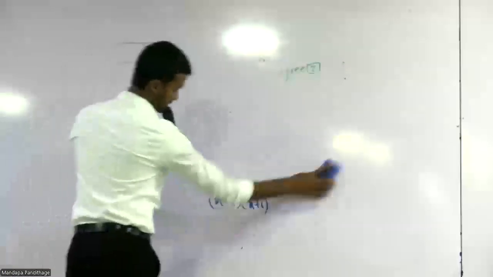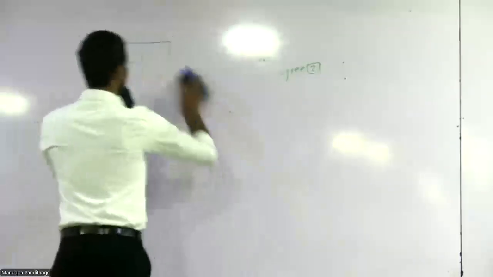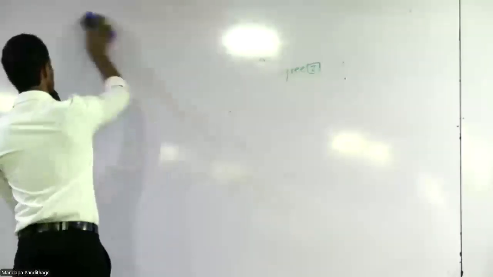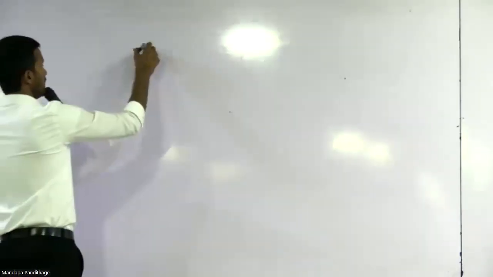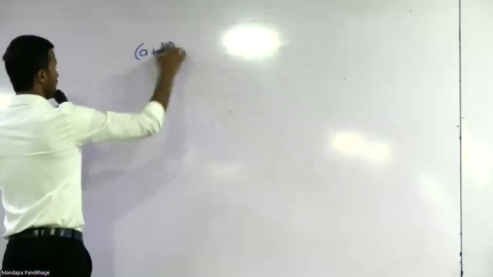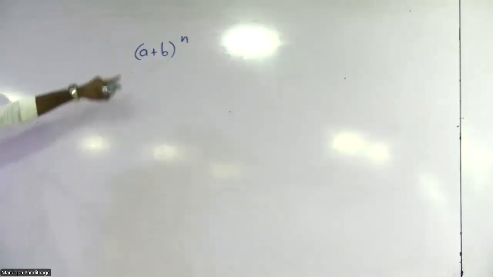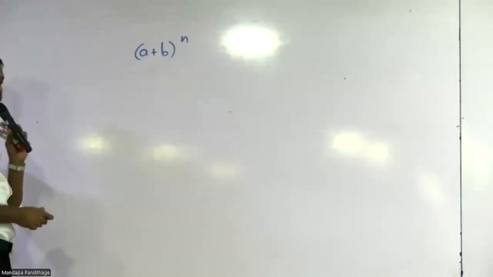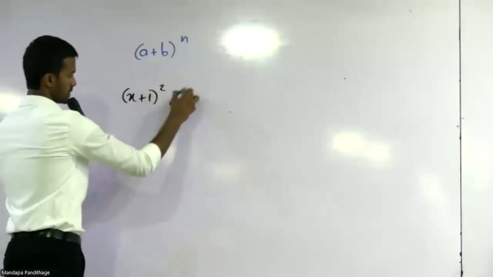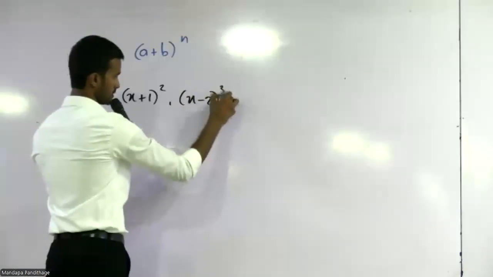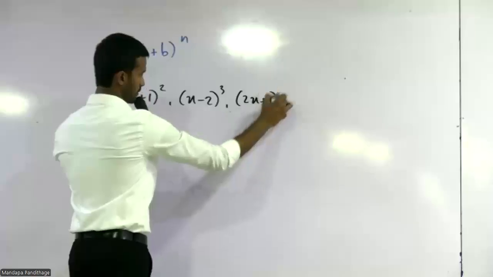Factors in the form of a plus b to the power n are known as recurring factors.